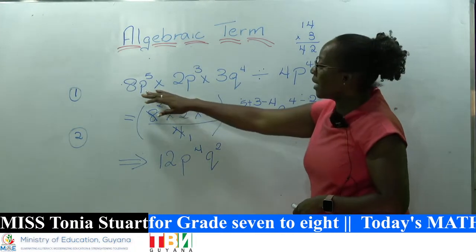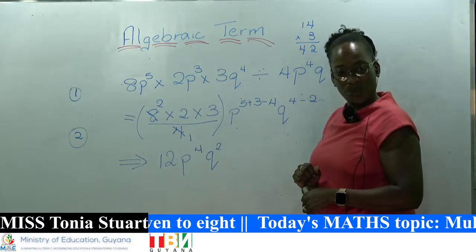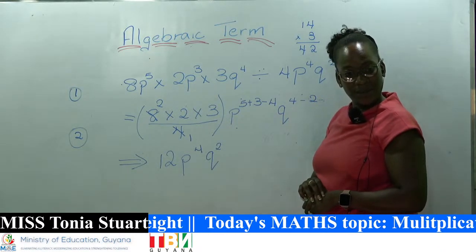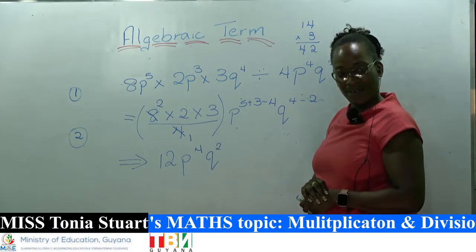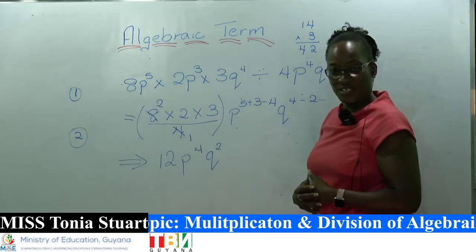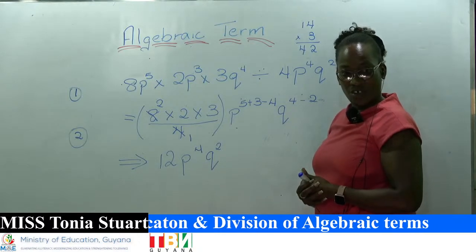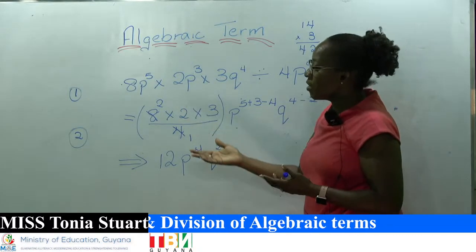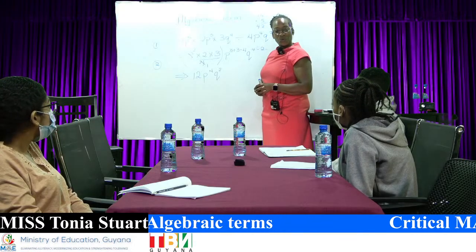When we are multiplying in algebraic terms, what do we do with the power of the variables? We add the powers. What do we do with the coefficients? We multiply, or we divide the coefficients. What if the variables were different? We leave them as they are.